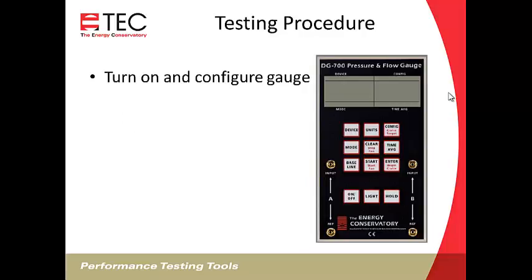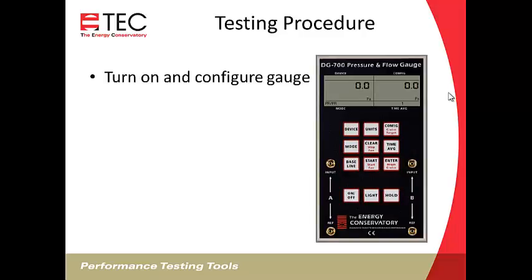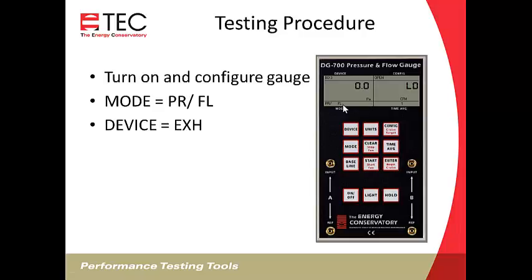So first step in getting your gauge set up, we'll turn on the gauge and configure it, and we'll start by setting the mode to pressure flow. So here's the mode button, we'll press the mode button once and we'll go to pressure flow. So now our mode is set to pressure flow, and next we'll change the device to EXH.